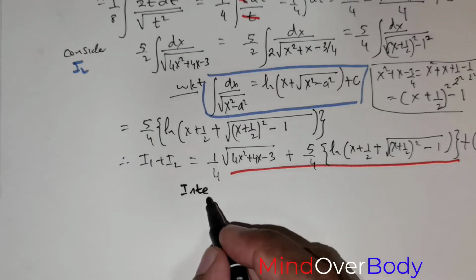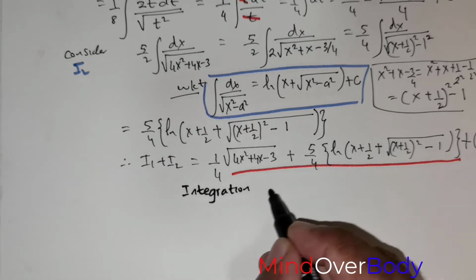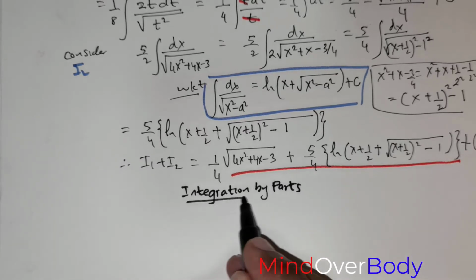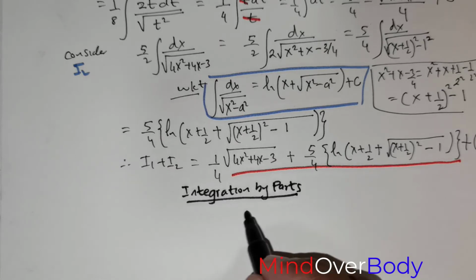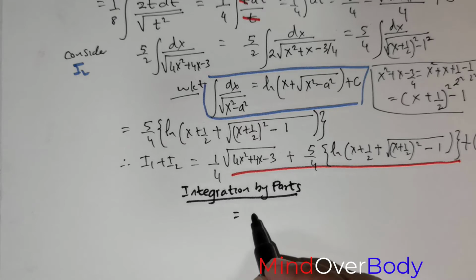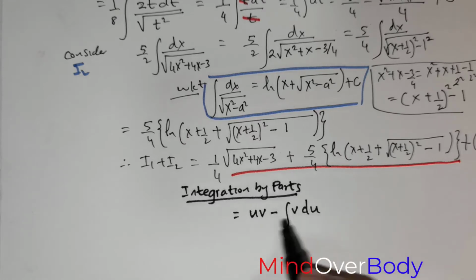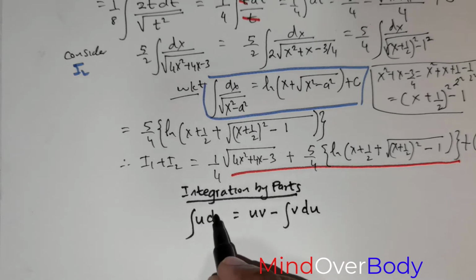Students, we will start off with integration by parts. This is a very important concept in indefinite integrals. So the formula, I would like to give you the formula. The formula is uv − integral v du, and on the left hand side we got integral u dv.